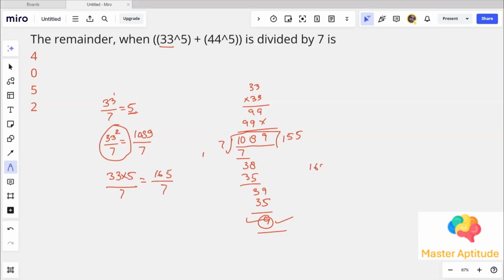While we divide 165 by 7, 7 2 is 14, 2, and 7 3 is 21. As you can see, we are getting the remainder as 4 also. So we do not need to square the base, and this approach is very useful when we are getting a very large number. So we will neglect this and use this approach. So the remainder is 4.